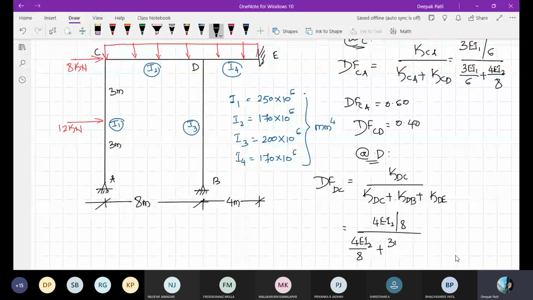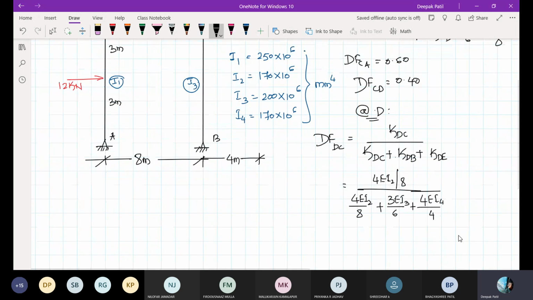It is 3EI3 by 6. What will KDE be? 4EI by L. Yeah, it is 4EI4 divided by 4. Once again, I am repeating, substitute the values of I with consistent units.